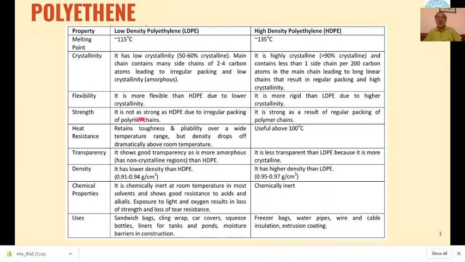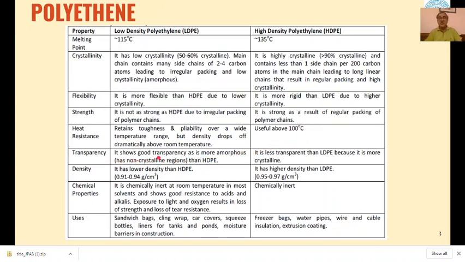Then strength, because LDPE is less crystalline, it is not as strong as HDPE, because HDPE has a regular packing of the polymeric chains due to high crystalline nature. Then heat resistance, LDPE retains toughness and pliability over a wide temperature range, but density drops off dramatically above room temperature because of these side chains, whereas HDPE is useful even above 100 degrees centigrade.